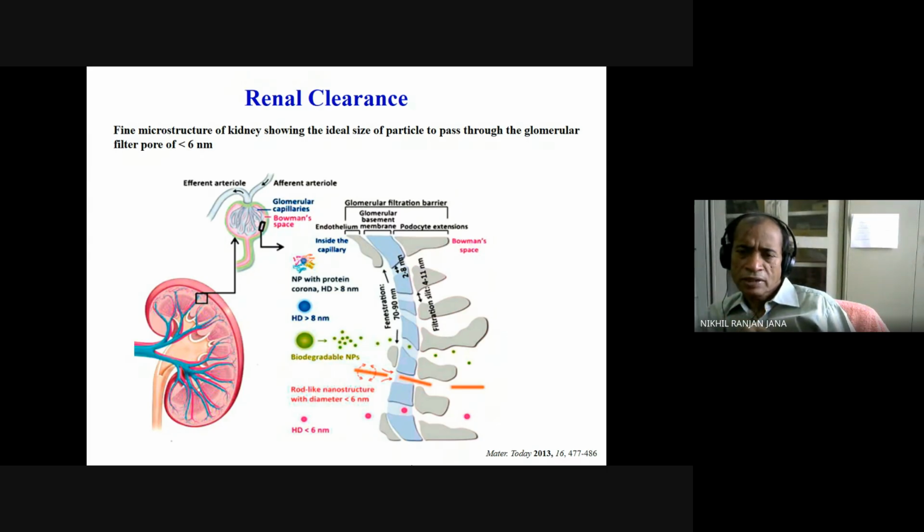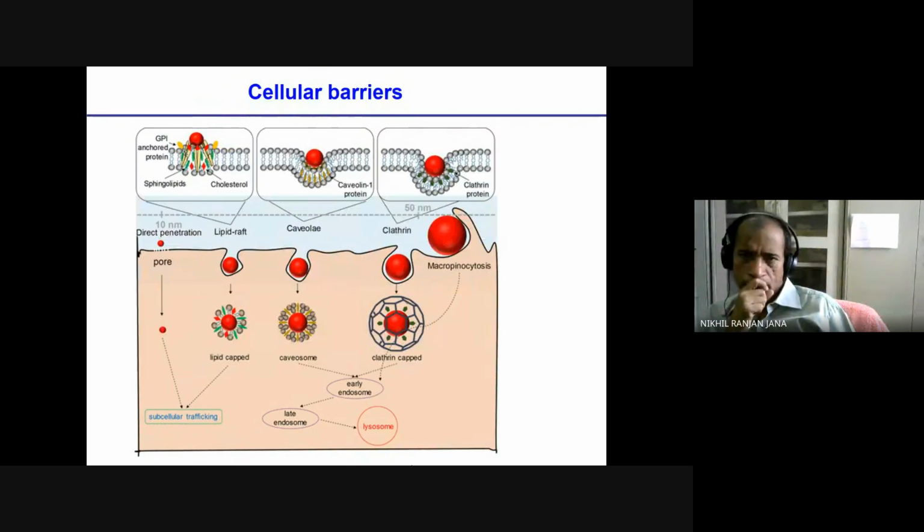You can see the structures and microstructures, and ideally they should be less than 6 nanometers. Otherwise, they will deposit in the kidney. They will never go out of the kidney. And if they are biodegradable, enzymatically degradable, then there is a chance that even over a long time they can become small and be excreted from the body.